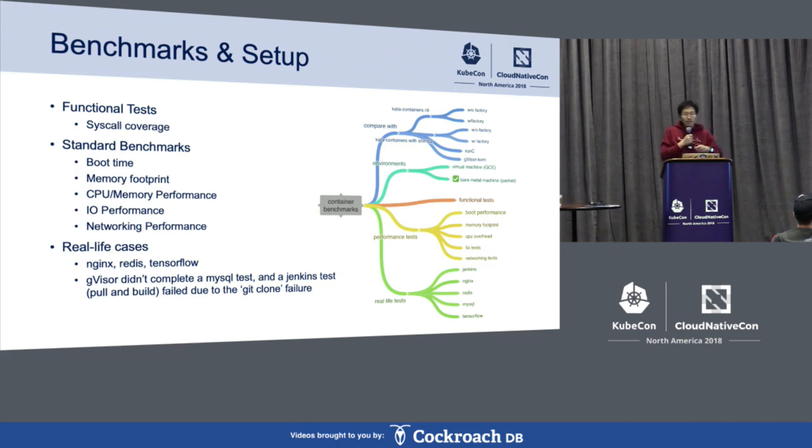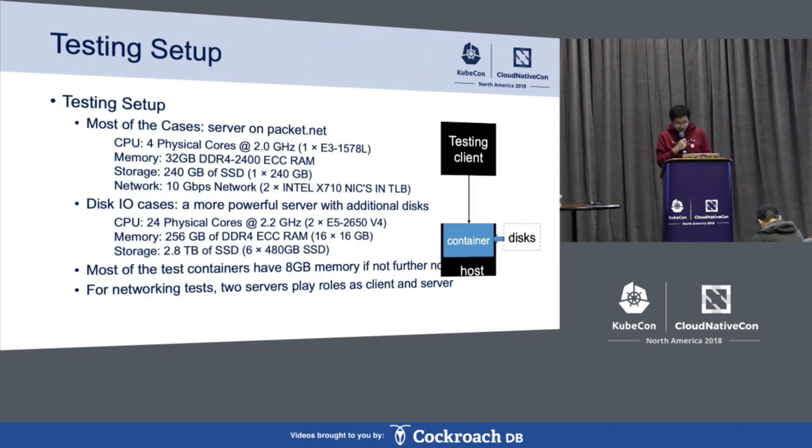We also tried some other cases, but because of compatibility issues and some cases not being suitable for comparison, such as MySQL and Jenkins, they all failed, and I don't know what they did in the Git clone, but that failed. Yeah. And the test setup here is a bare metal deployment.